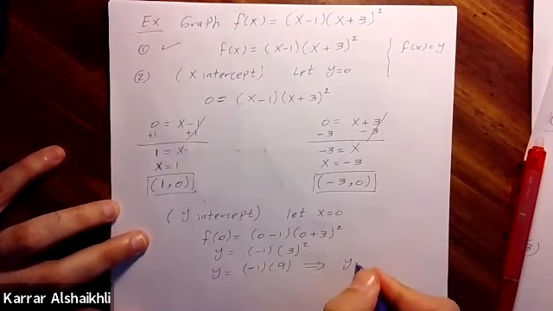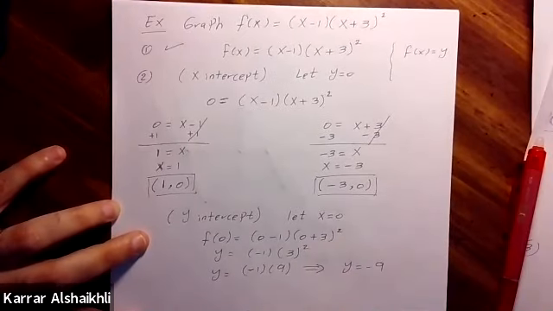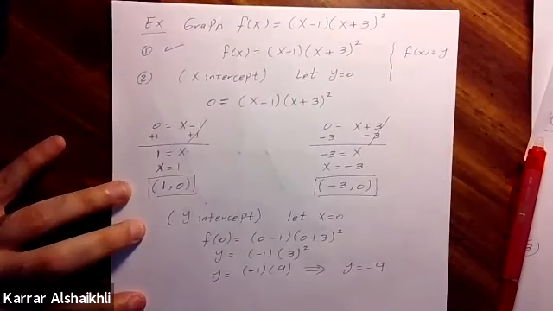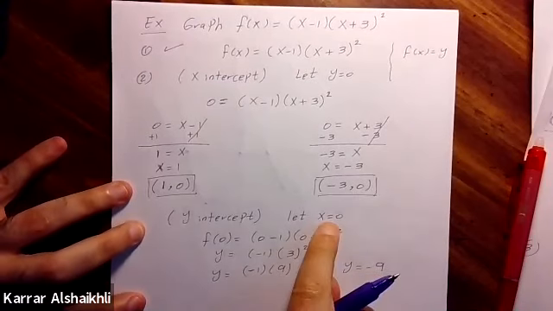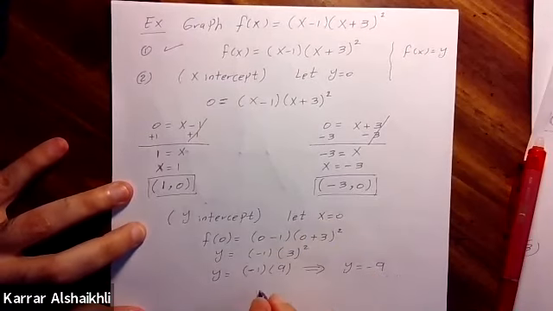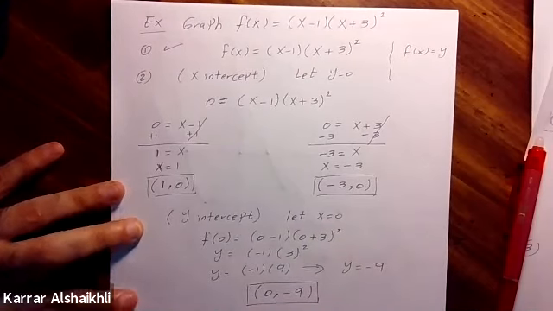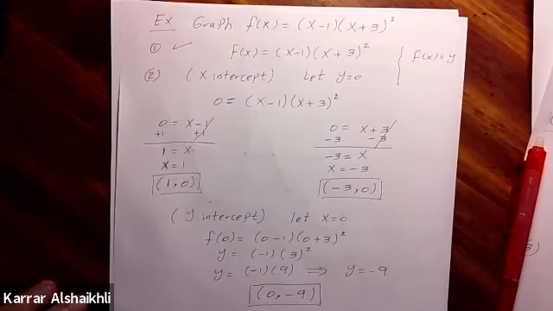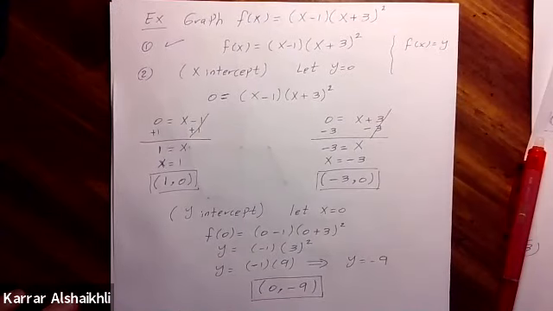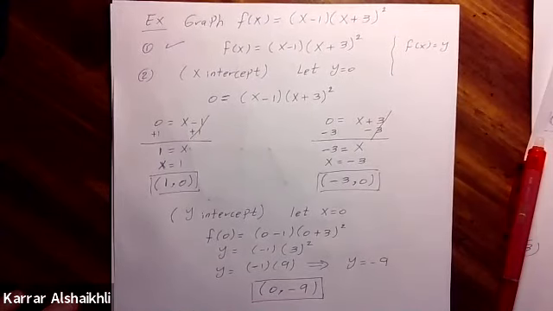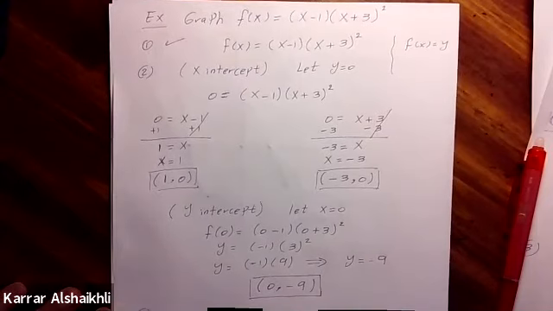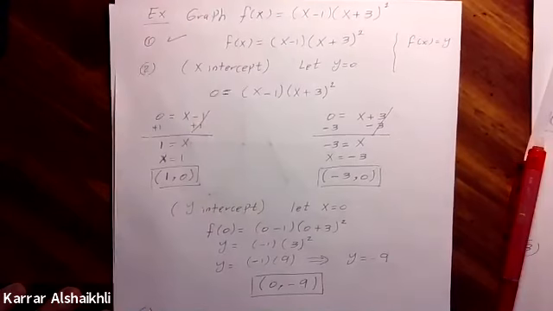That means y equals negative 9. So I need to write it down as a point: x equals 0 and y equals negative 9. This is the y-intercept. So I'm done with step 2. I found two x-intercepts and one y-intercept. I'm just going to move to step 3 to find the end behavior.